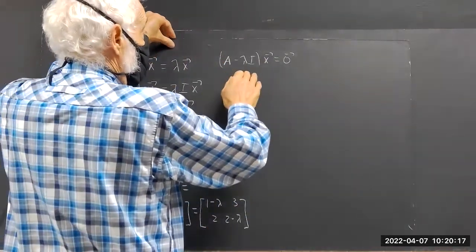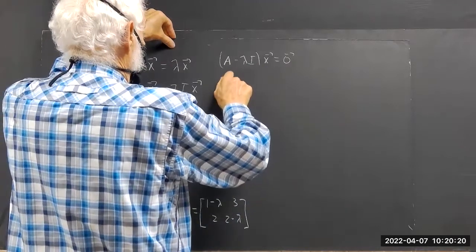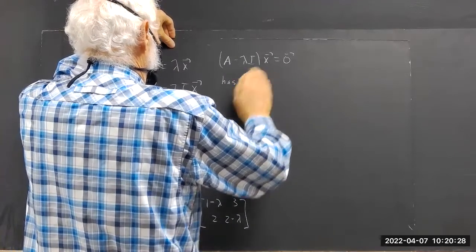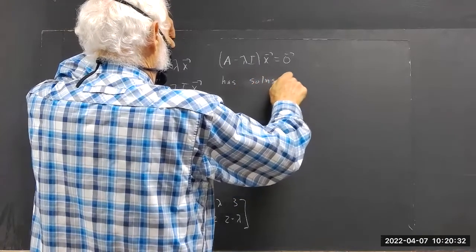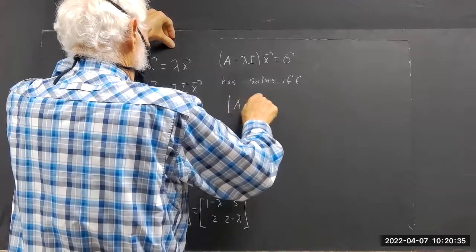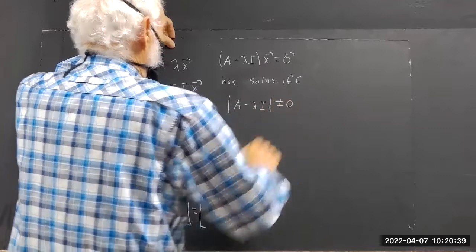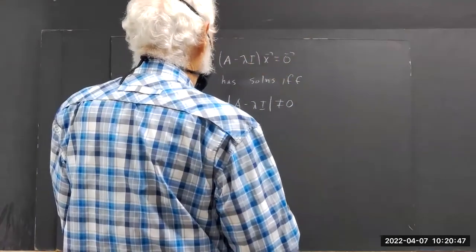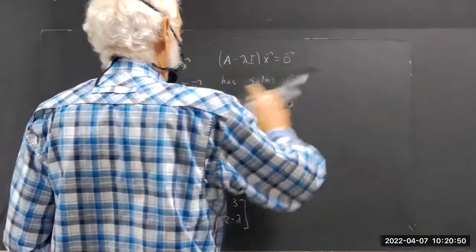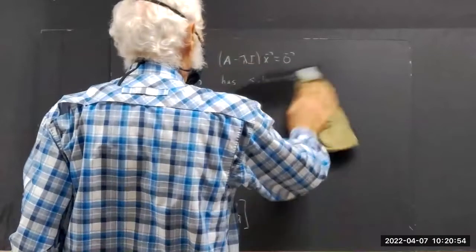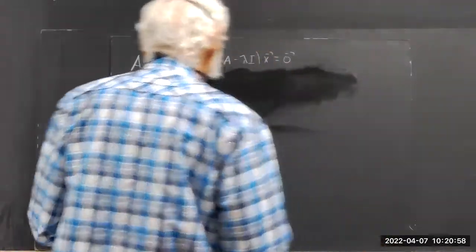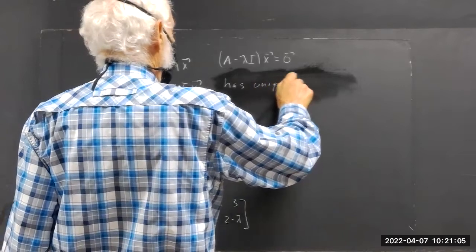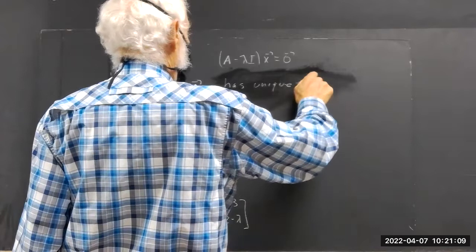You know what the equation is. (A minus lambda I) x equals 0. That's correct. I'm sorry. Has a unique solution.